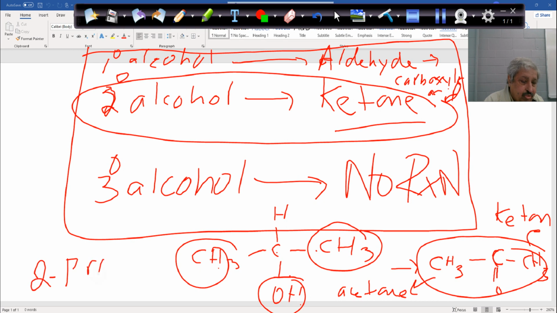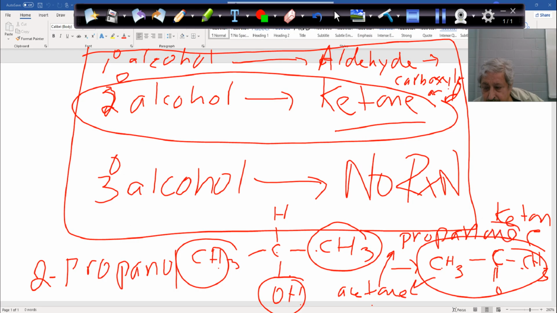So this is 2-propanol. 2-propanol is a secondary alcohol. 2-propanol gets you to acetone, or what is the IUPAC name? We call it propanone. That's the IUPAC real name, propanone. You have O-N-E at the end, propanone. Propanone, that's the real name of acetone.